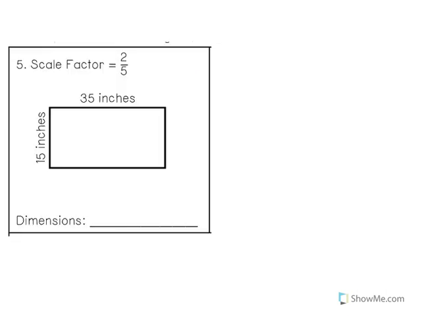Here's a rectangle, and it's 35 inches by 15. It's going to have a scale factor of 2/5. So to find our new rectangle, we just multiply. 35 times 2/5. I need to make it over 1.